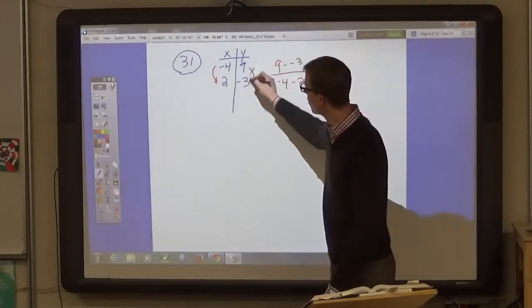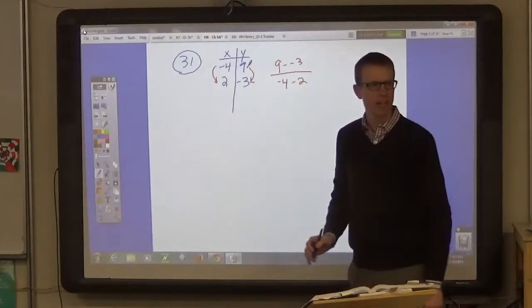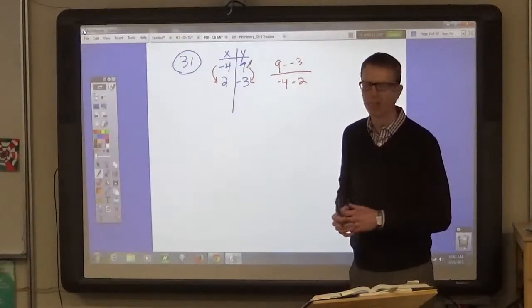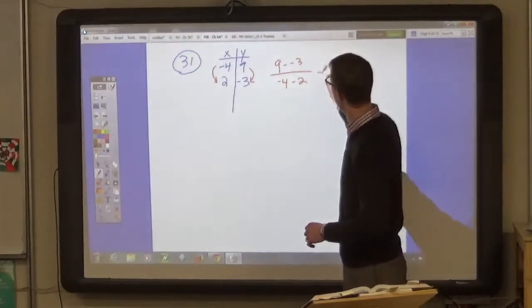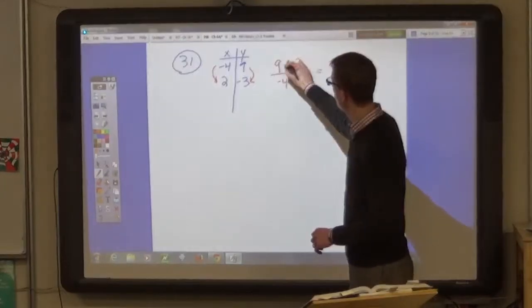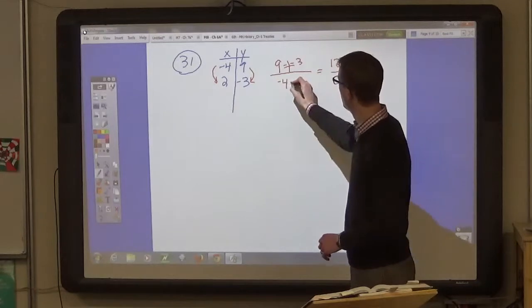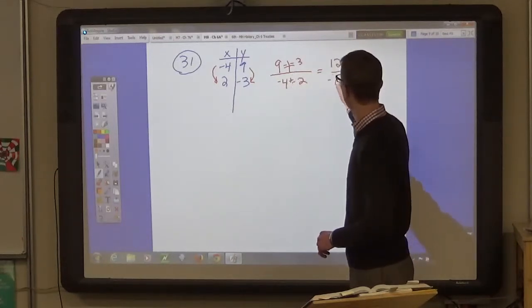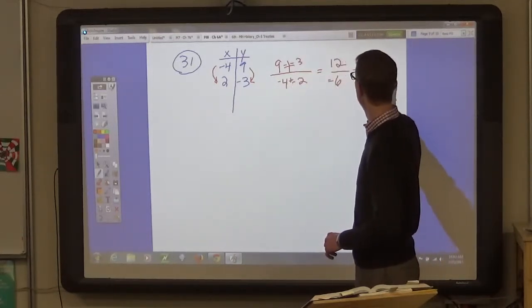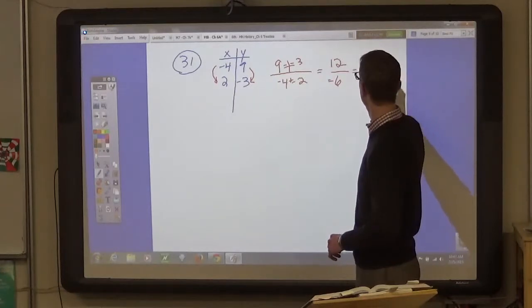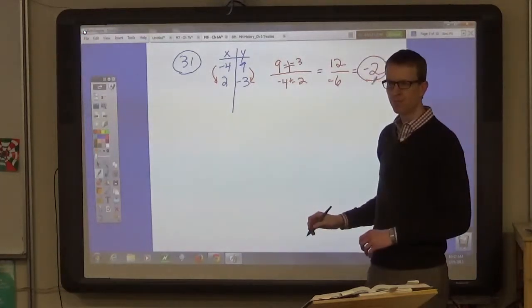We just subtract the y's and subtract the x's in the same order. So this is 12 over negative 6. Simplify that to negative 2, right?